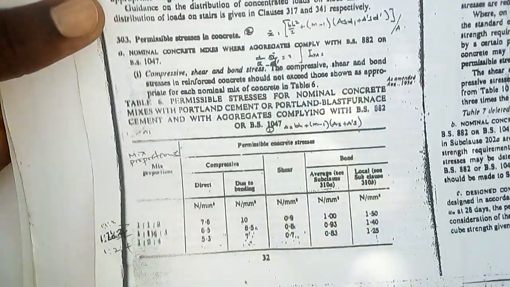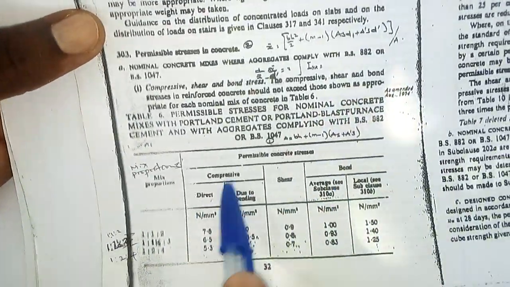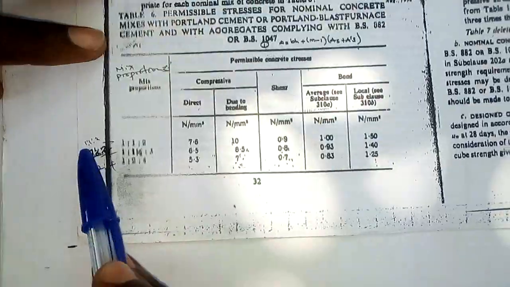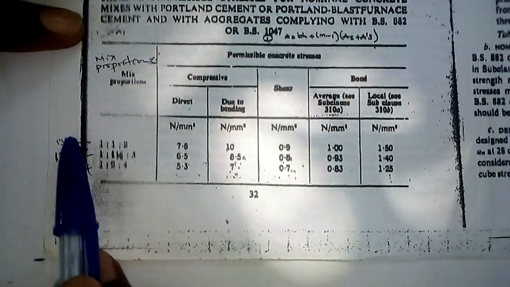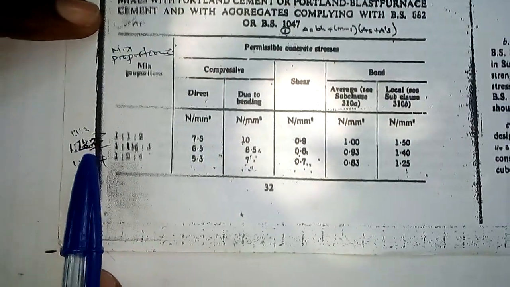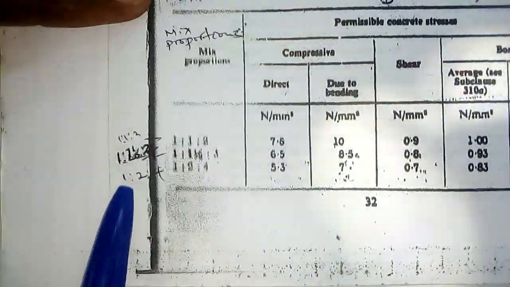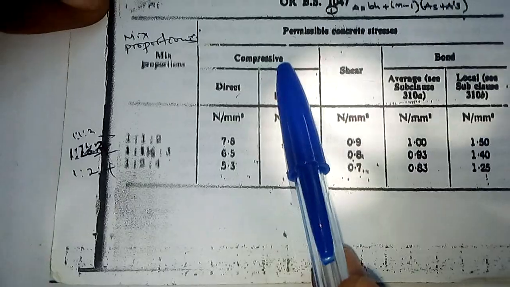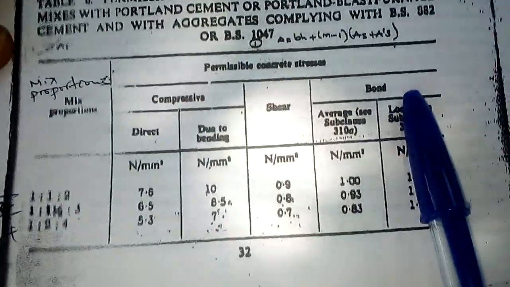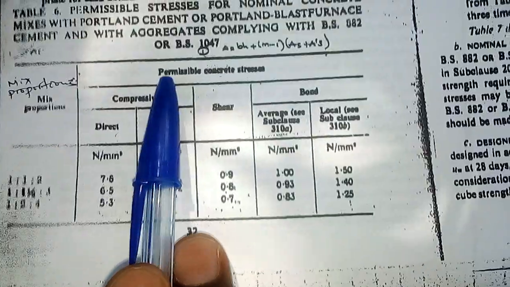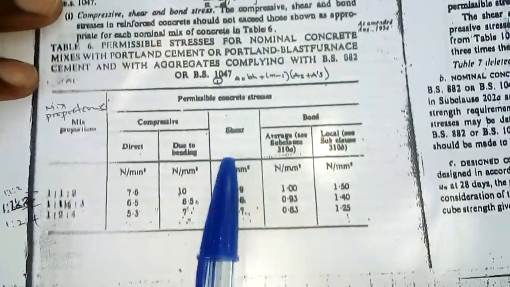This is the mix proportion: the first one is 1 to 1 to 2, the second is 1 to 1.5 to 3, and we have 1 to 2 to 4. We have compressive, this is bond, and this is shear. This is table 6, called permissible concrete stresses.